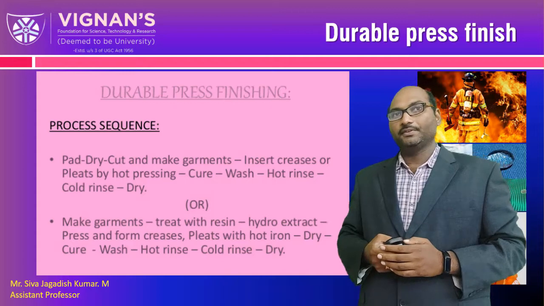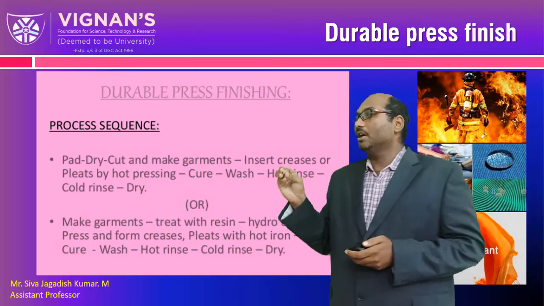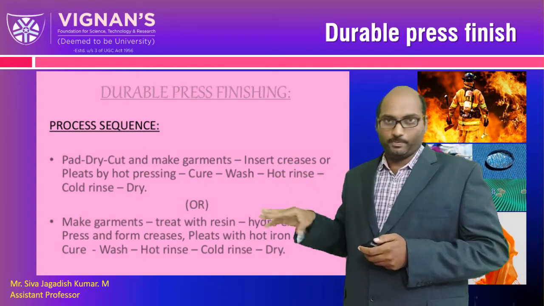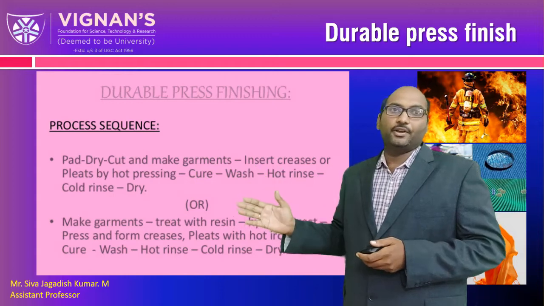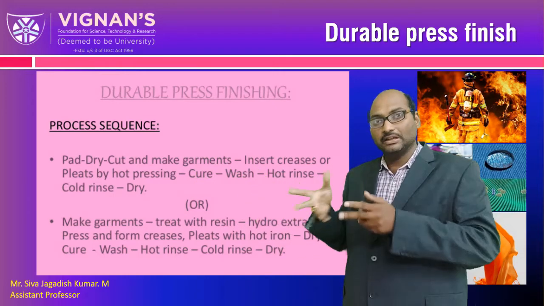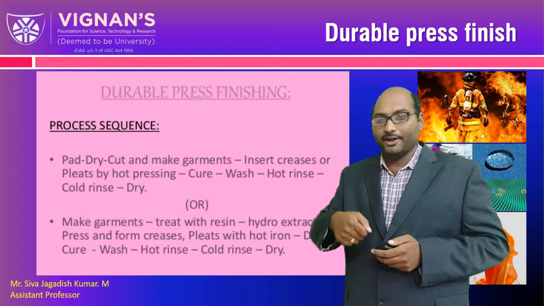So in durable press finishing, what happens? One way is that the finish is applied to the fabric through padding, then it is dried and sent to the garment industries. The fabric is cut and made into garments, and creases are inserted wherever required.